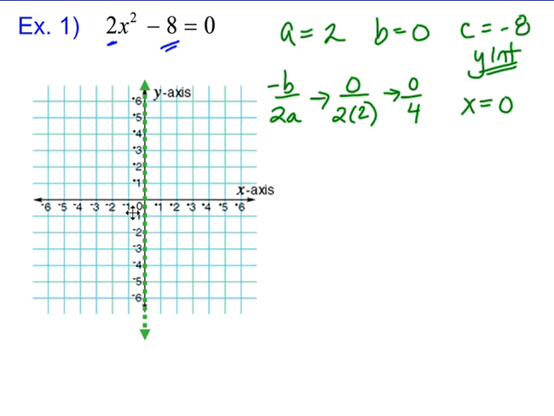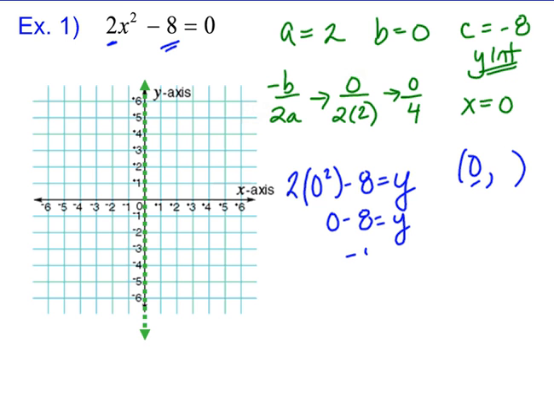We said it was going to be centered on the y-axis. Let's see if our prediction is true about where the vertex is. If x is 0, because the axis of symmetry is the same as the x-coordinate of the vertex, because that's where half and half is going to occur, that would be the lowest point for this. Let's substitute it in: 2 times 0 squared minus 8. What does that equal for y? Well, this works out to 0 minus 8, which is -8.